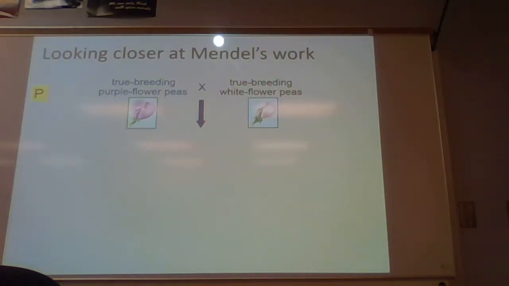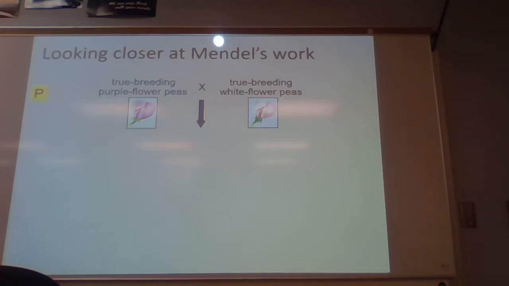So we're going to take a closer look at the flower color experiment. This is also on that handout I gave you, so if you want to fill in the blank squares on that as we look through this. And you can replicate this diagram with any one of those other 7 traits, and you see the same patterns happening. So we're starting off with the P generation.